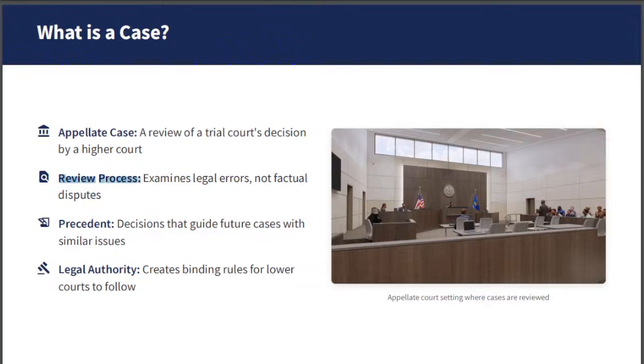So it's a review process only looking at any legal errors that were made in the lower court, not the factual disputes that they litigated. Precedent: decisions that guide future cases with similar issues. And the legal authority: it creates binding rules for lower courts to follow. So that's what an appellate case is.